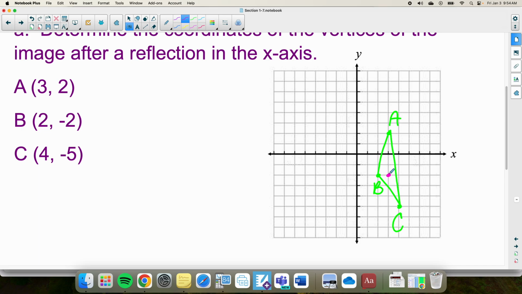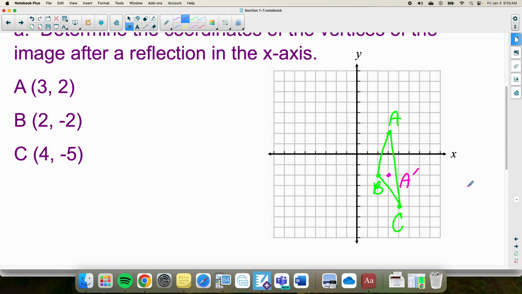And when we do this, you guys, we call it A with a little asterisk by it. It stands for A prime. So when you move A, the new point becomes A with an asterisk. Now again, how I did that was 2 spaces above the x-axis, so I went 2 spaces below, and that would be my new point, okay? Now if I look at B, do you see how it's 2 spaces below?